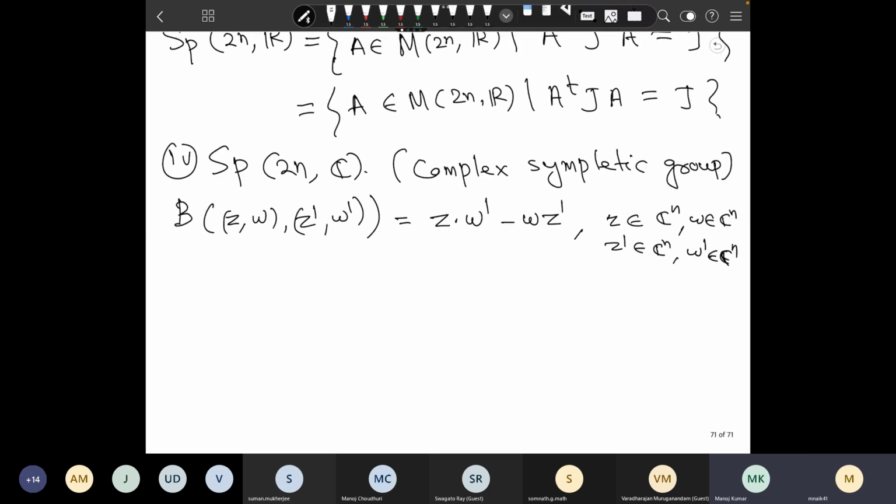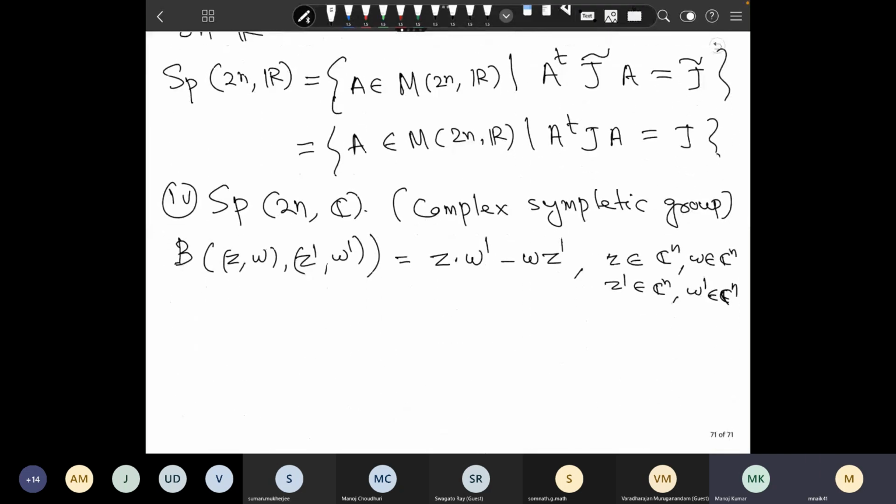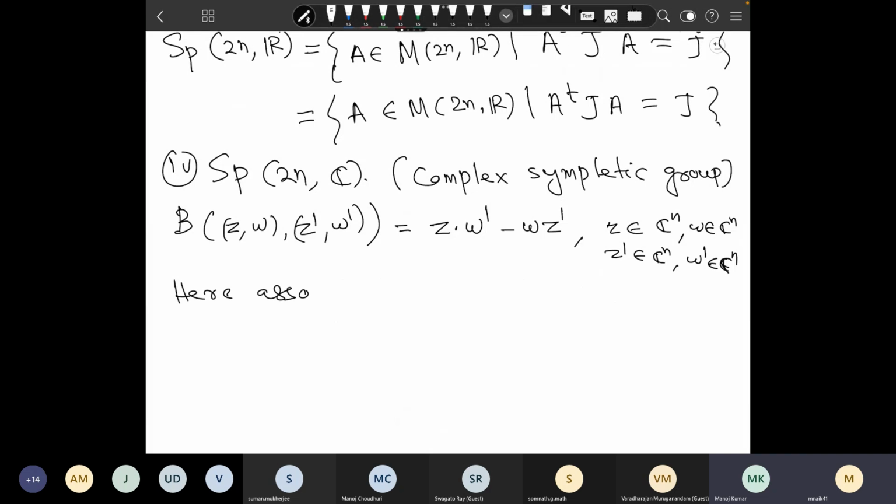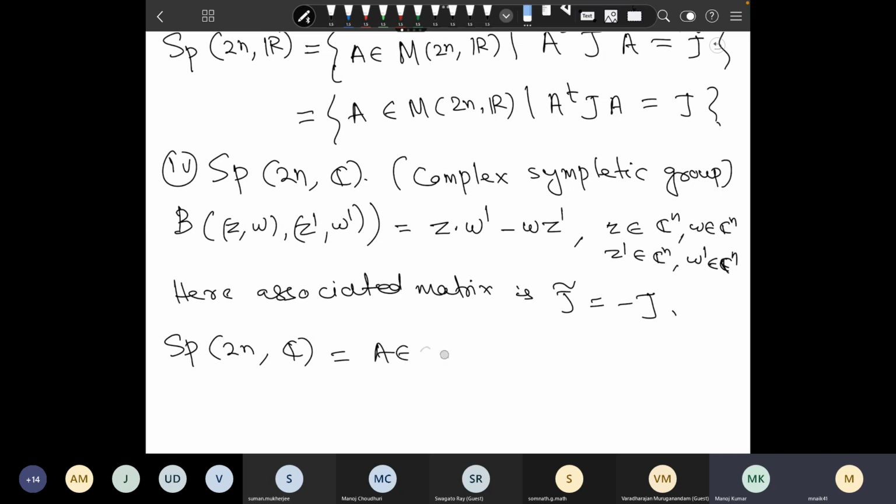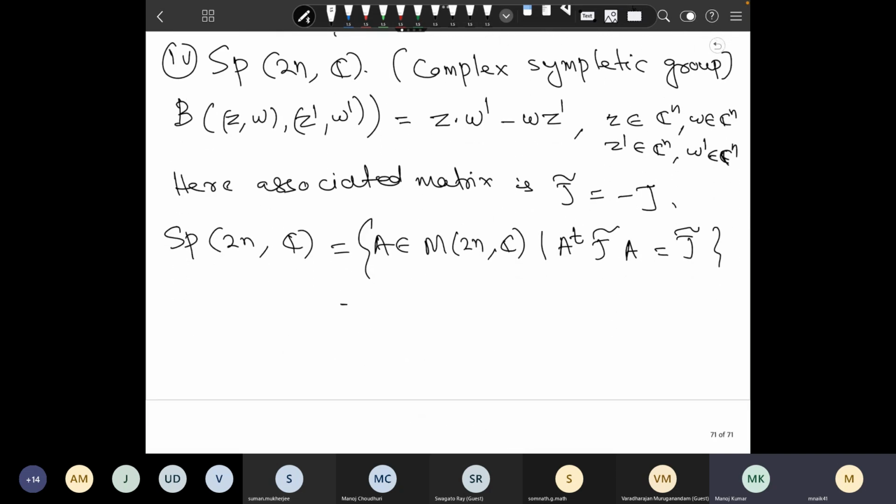Similarly here the associated matrix is also J tilde, which is minus J. So Sp(2n,C) is the set of A in M(2n,C) such that A transpose J tilde A is equal to J tilde, and you can write that A in M(2n,C) such that A transpose J A is equal to J. Okay, this is the complex symplectic group.